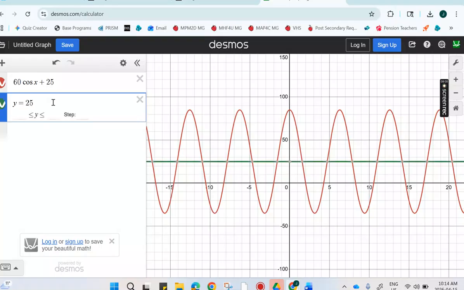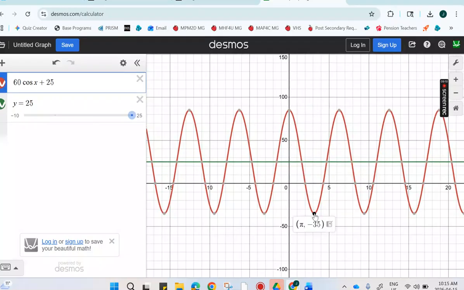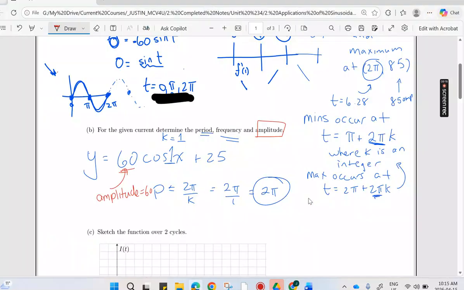So y equals 25. Okay, so 60 is the distance from 25 to the max. So 25 to 85 has a difference of 60. Or all the way to the minimum. So again, from 25 to negative 35 is also a difference of 60, and that's what the amplitude shows us.